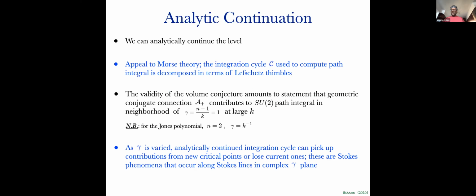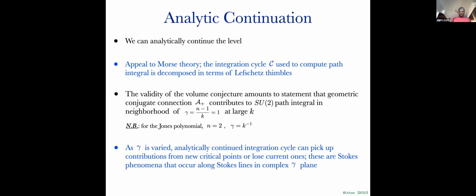Witten developed a theory that may enable us to proceed further. He developed an analytic continuation where we analytically continue the level, and we use certain integration cycles to compute using essentially Lefschetz thimbles where certain things are dominant.